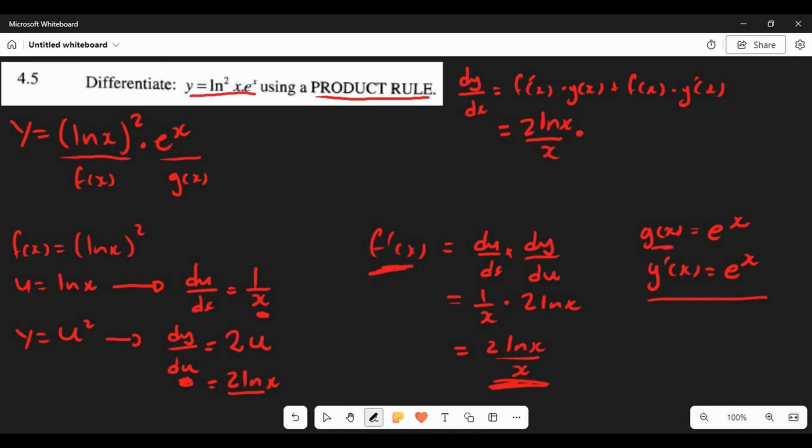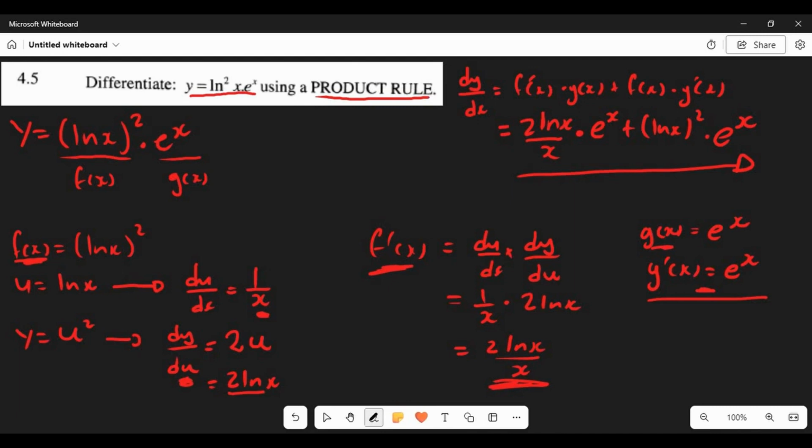So g of x, which is this one here, is e to the power of x, plus f of x. Here's our f of x, natural log squared, multiplied by the derivative of g of x, which is the same as e to the power of x. So basically, this is our final answer.